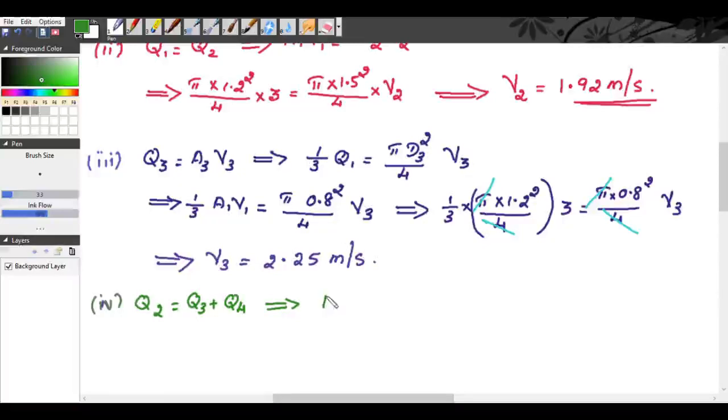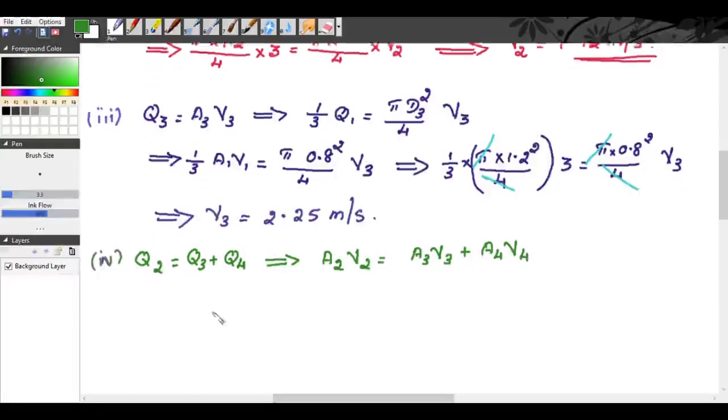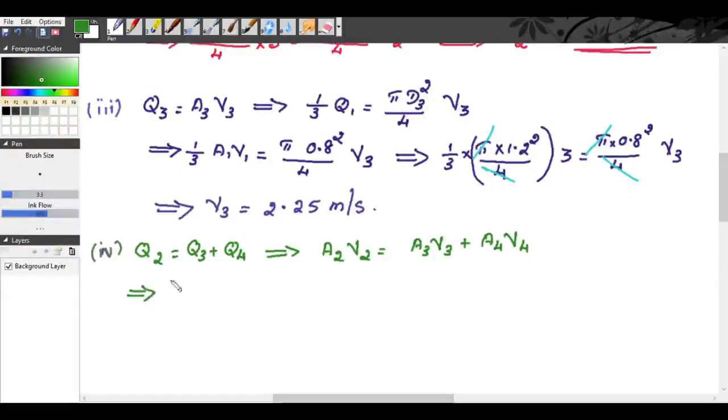So Q2, A2V2 is equal to A3V3 plus A4V4. So what we get is, area 2 means pi D2 square by 4 into V2 is equal to pi D3 square by 4 into V3 plus pi D4 square by 4 into V4.